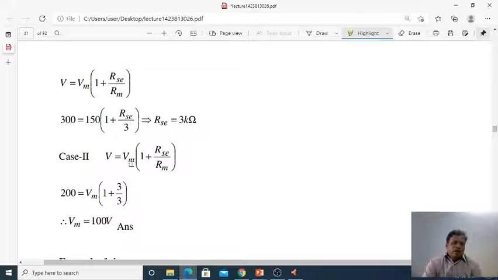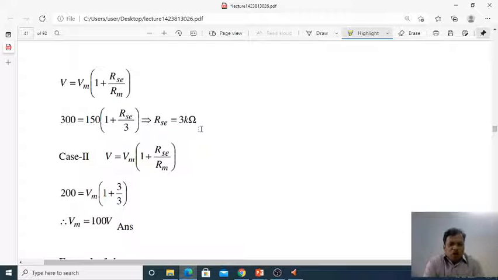So 300 equals 150 into (1 plus Rsc by Rm). Rm is 3, 300 is the complete range of the voltmeter, and Vm is the meter voltage, and therefore Rsc equals 3 kilo ohms. So the series resistance to be added is Rsc equals 3 kilo ohms.